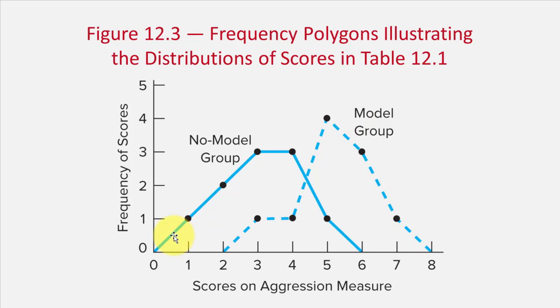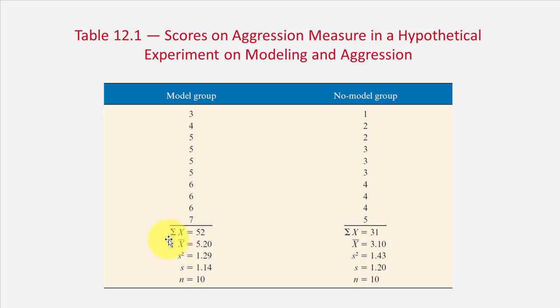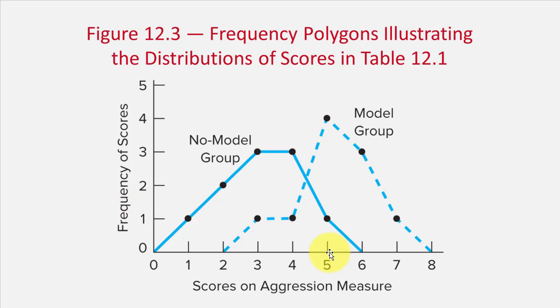We might recognize this almost as two curves that overlap but have means that are different from one another. We remember from this slide that the mean for the model group was 5.2 and the mean for the no model group was 3.1, which is indicated here as 5.2 is approximately here and 3.1 is approximately here. So those kind of fall toward the middle of those curves.